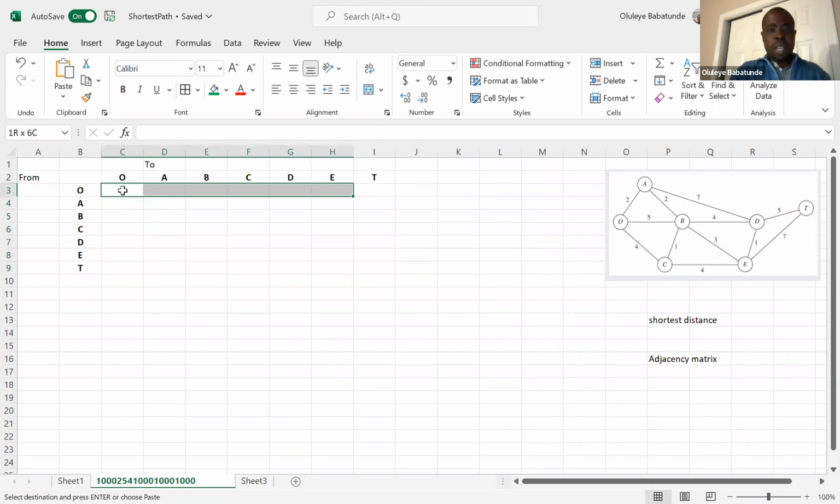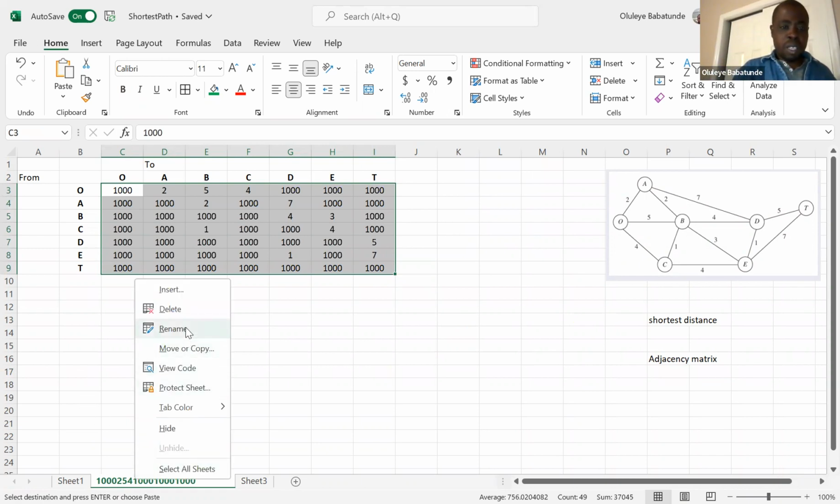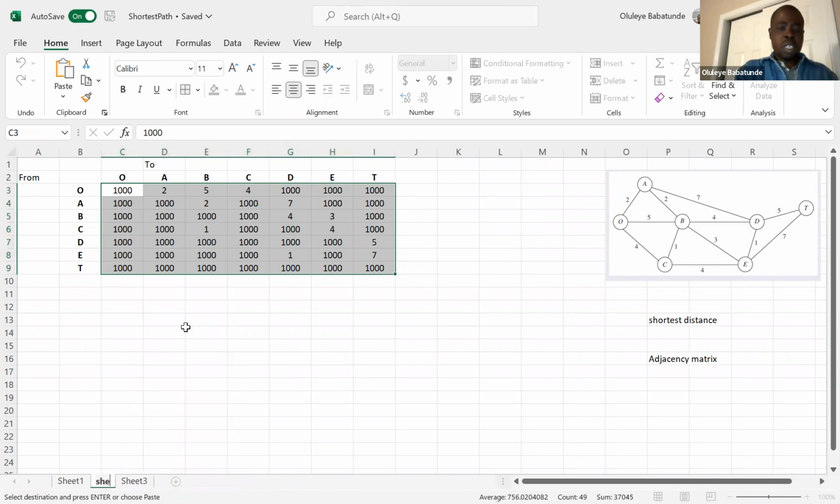So I'm going to grab that and paste that right here. Okay, that's fine. Let me rename this Sheet 2.